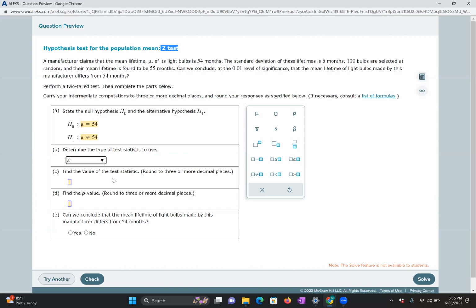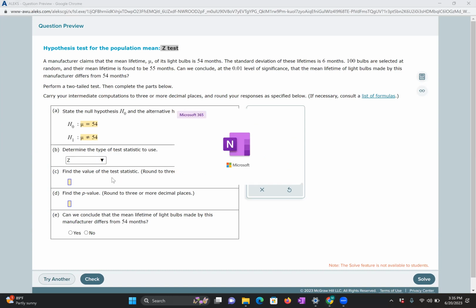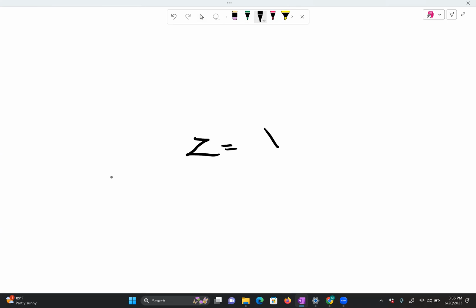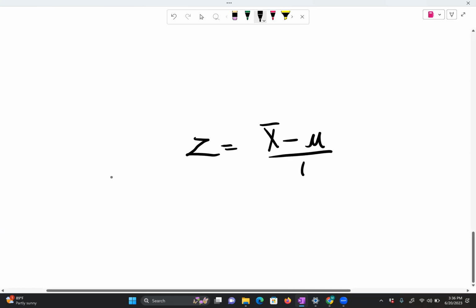Now, to find the value of the test statistic, I'm going to talk you through the notes. I should be sharing my screen. So in this case we're going to go with a z-score formula. The z-score formula is equal to the sample mean minus mu over sigma.